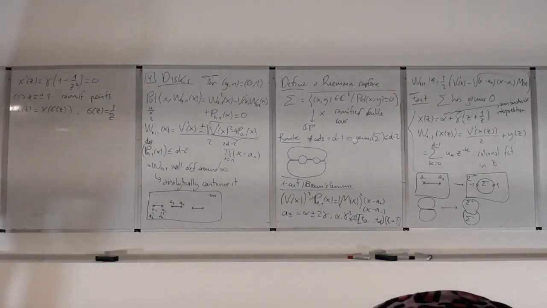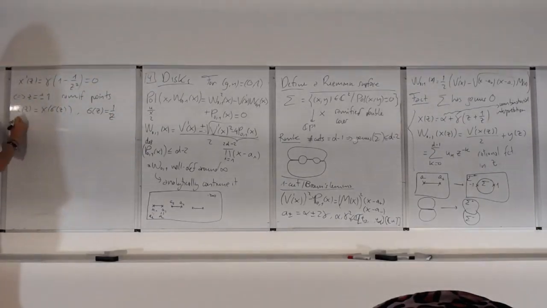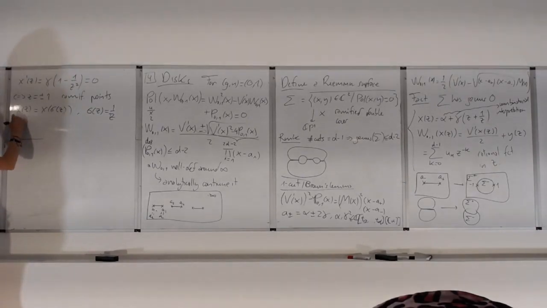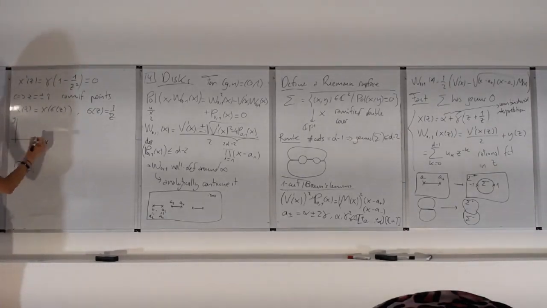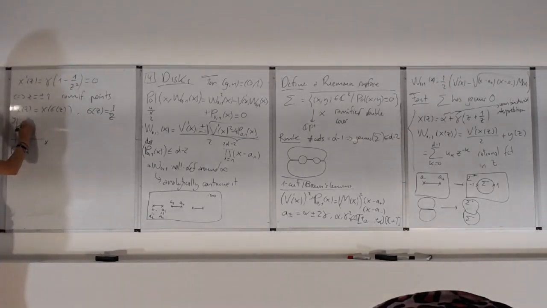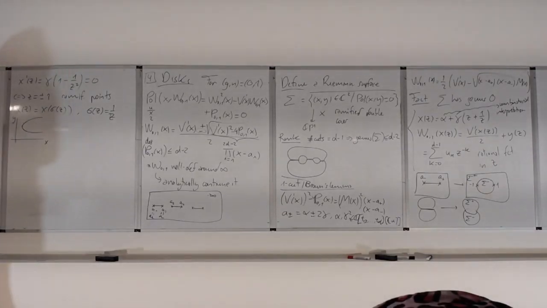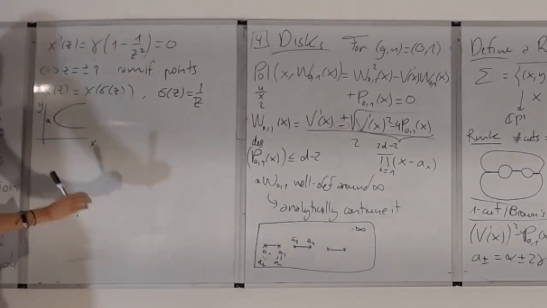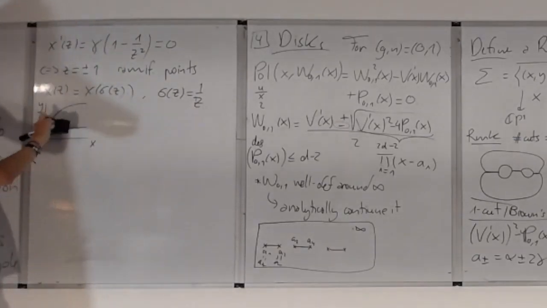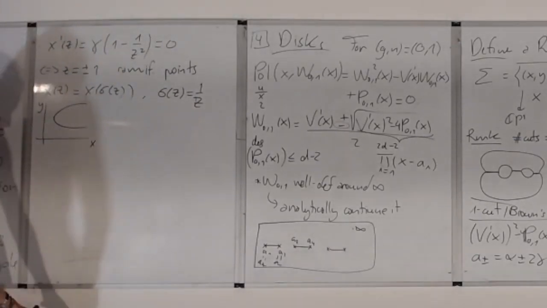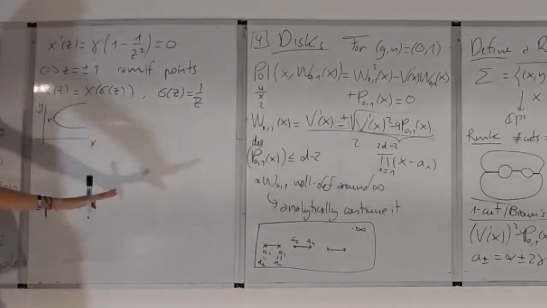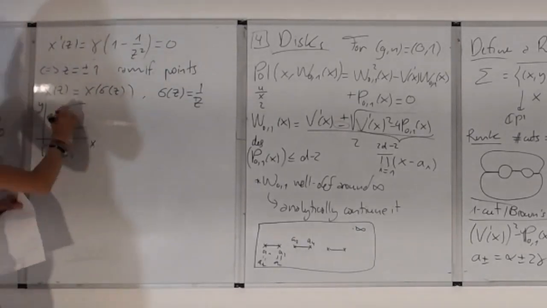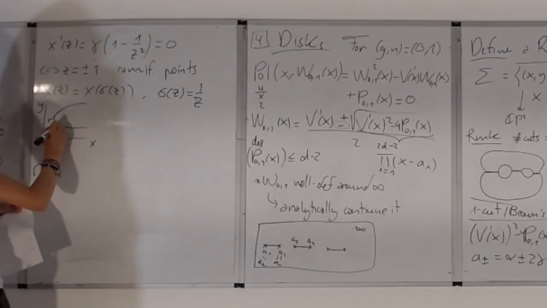So, okay, remember that what happens locally is that around each ramification point, the x looks like a square root. A is our ramification point, or maybe let's call it R, because A had to do with the cuts, and it has nothing to do with that, or, well, little.